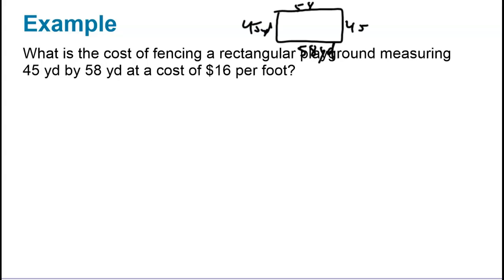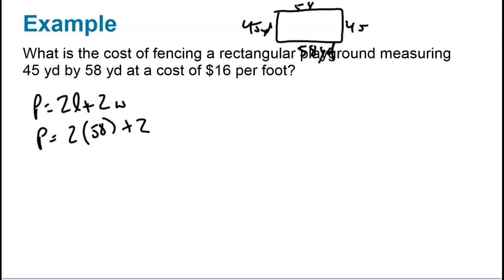Okay, so because we are going for perimeter, in this case we can say P equals 2 times the length plus 2 times the width, and so in this case the length is 58 or 45, either one, doesn't really matter, and 2 times the width, which is 45 in this case.